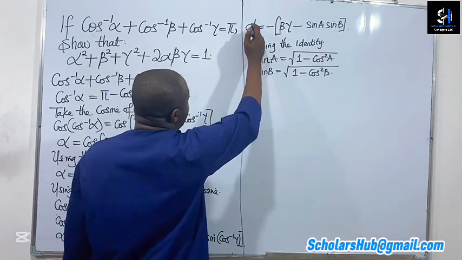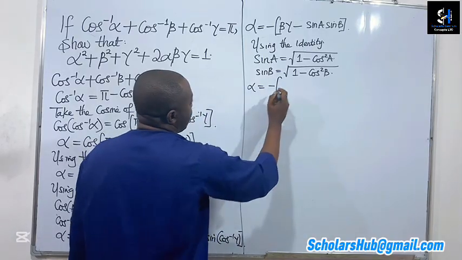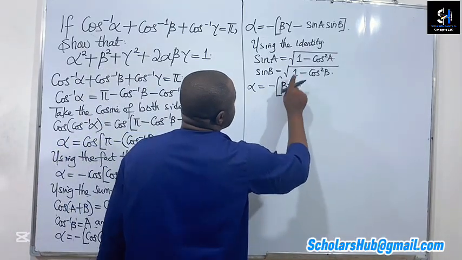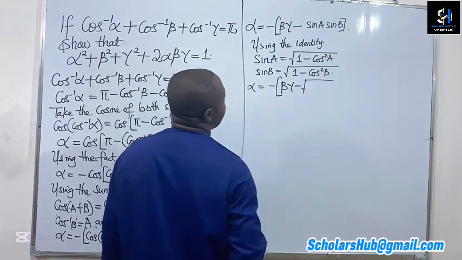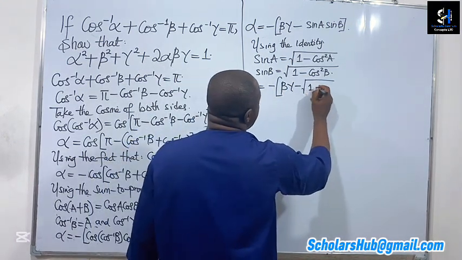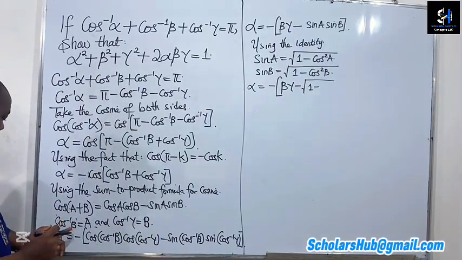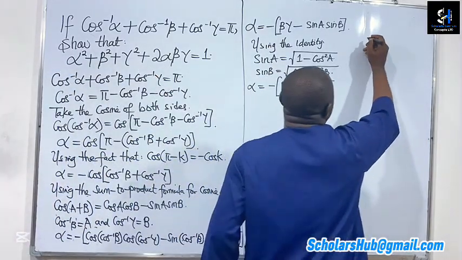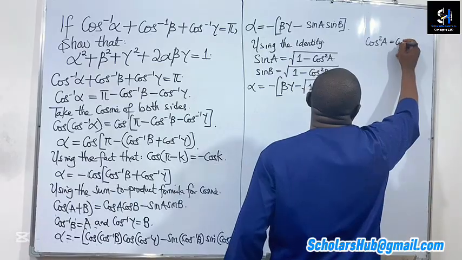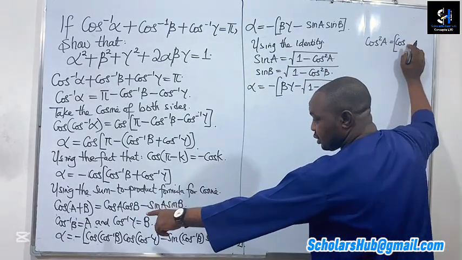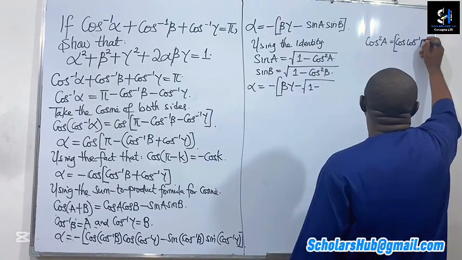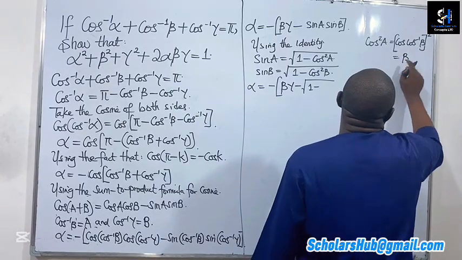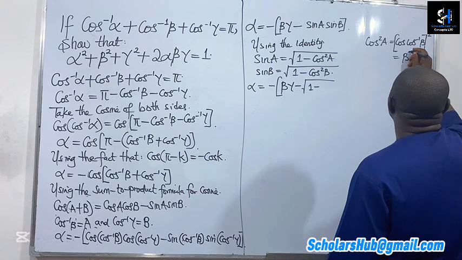So we have that alpha will be equal to negative open square bracket beta gamma minus, in this case, the square root of 1 minus... now let's not forget that A is inverse cos of beta. So if we have cos²A, this will be cos A, which is inverse cos of beta, raised to the power of 2. And that will give us beta squared.